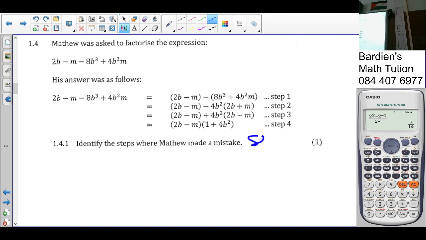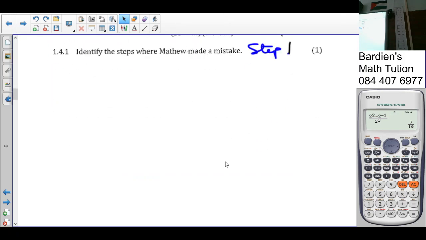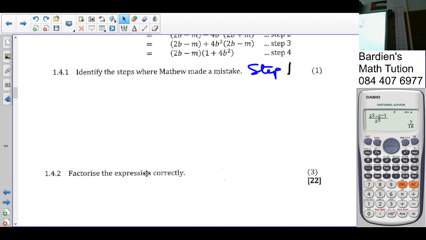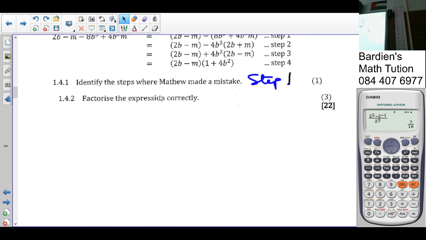Step 1. First thing he makes a mistake. You see, if you look at what he has here, he put a bracket there and a bracket there. Not so. What he should have done was, okay, I think the next question is that, no? You must predict. Step 1. Factorize the expression correctly.